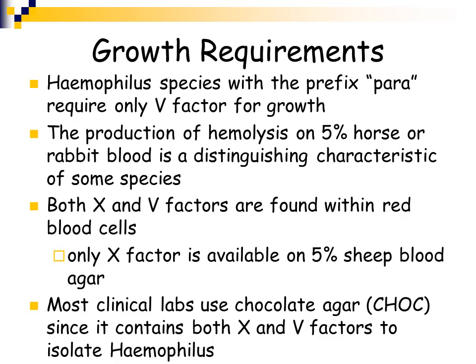So this is one of the reasons why respiratory specimens are always inoculated onto chocolate agar, so that you don't miss Haemophilus influenzae, which is an organism that requires both X and V factors. If you only streaked your respiratory specimens on sheep blood agar, you would never grow your Haemophilus influenzae, and you might miss a major pathogen causing a severe infection.